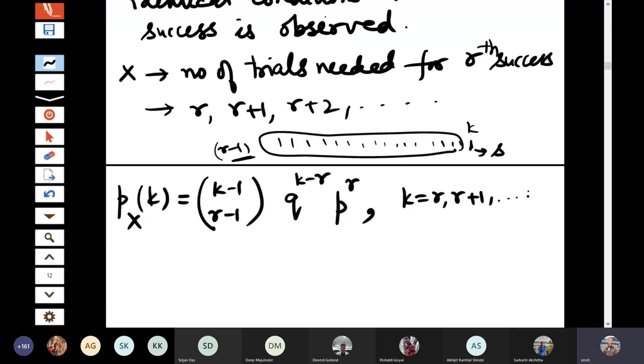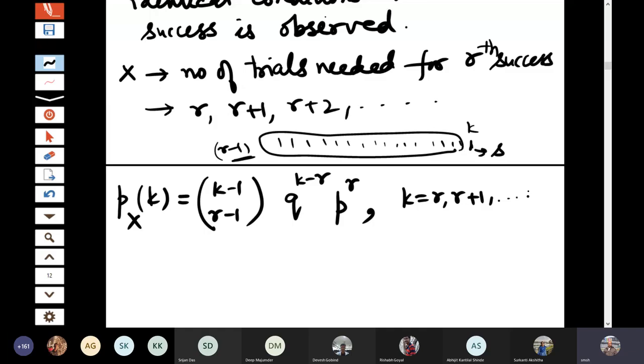You can compare or contrast it with the binomial distribution. In the binomial distribution, the number of trials is fixed.